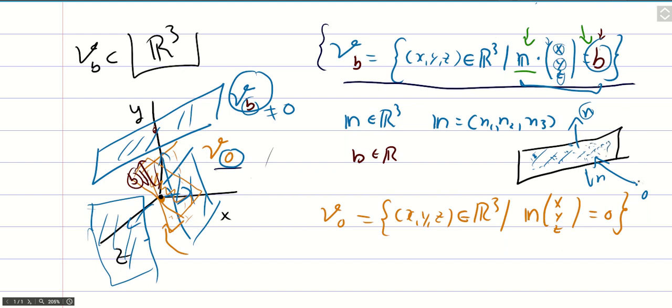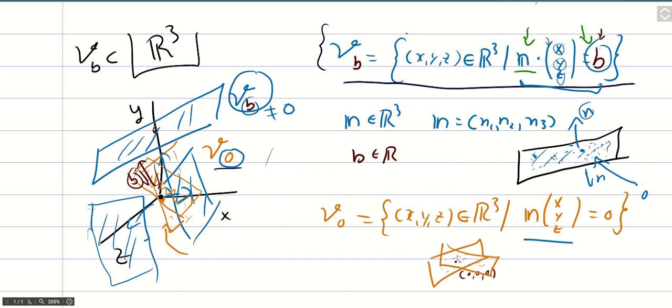If b is equal to 0, then this plane passes through or contains the origin. That is this case here. So in this case, the plane will always contain the origin 0, 0, 0, and the set of points that pass through that point. It could be this plane and so on.